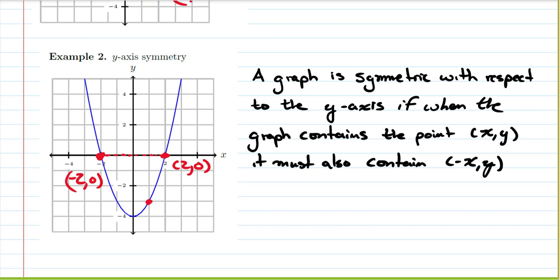Similarly, this point right here is at 1, negative 3. Its symmetry point is going to be at negative 1, negative 3. So examples 1 and 2 are both examples of what is called mirror line symmetry.